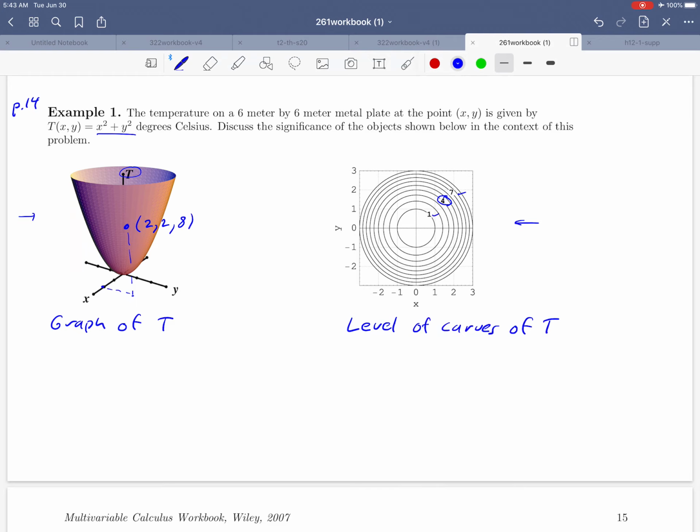These are two different ways of representing the same function, and the thing that I'd like you to notice about this is the difference in dimensions. The graph over here is in 3 dimensions, whereas the level curves are in 2 dimensions. I'm going to write that down.